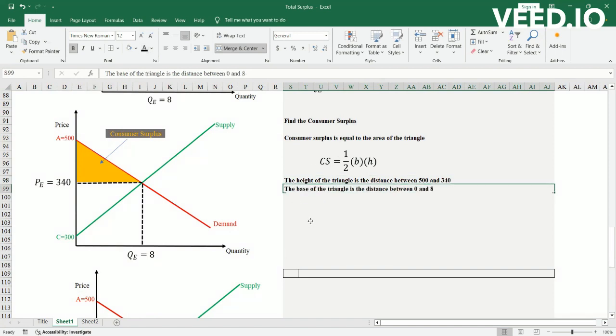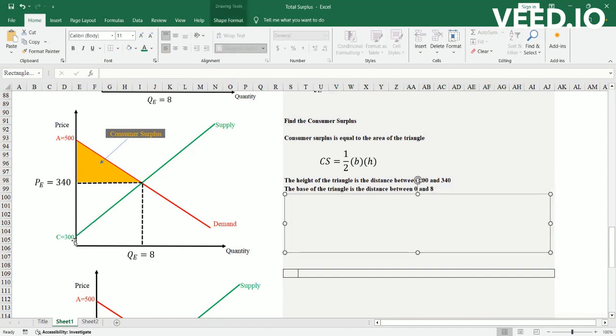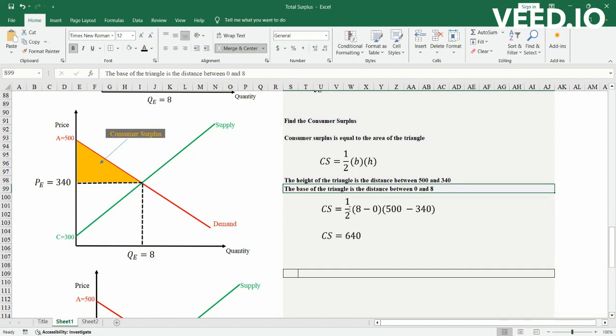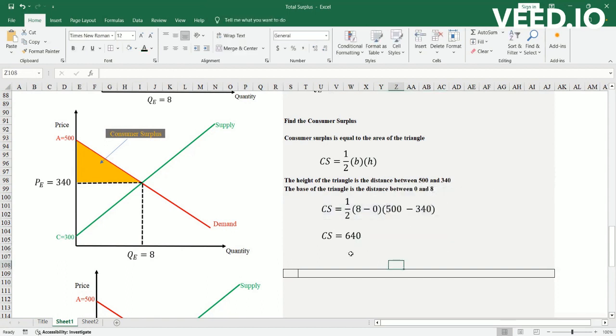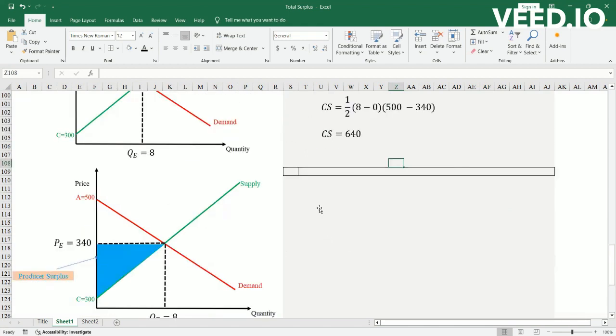Similarly, the base of the triangle is between 0 and 8. Substituting the base, which is the distance between 8 and 0, and the height, which is the distance between 500 and 340, we get a consumer surplus of 640.